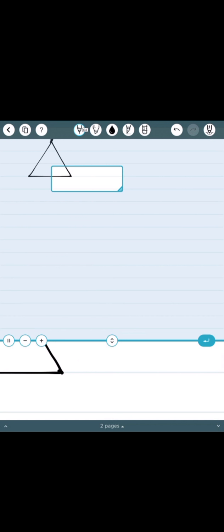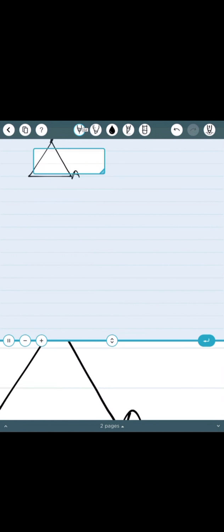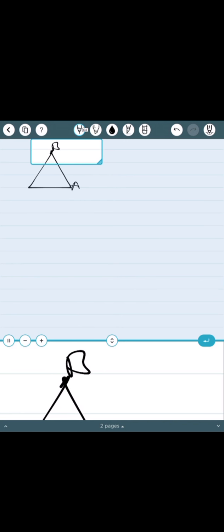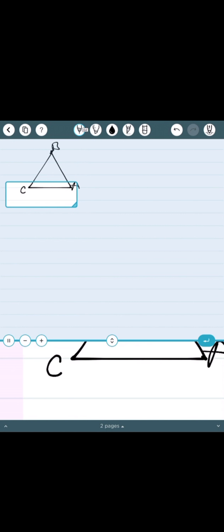So now let's start with a simple triangle. We'll name it triangle ABC. We'll name that one A, that one B, and that one C. How you name your sides doesn't really matter, because sometimes they can be given different names, like QRS or STU.